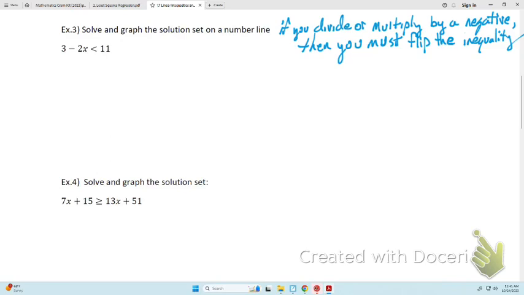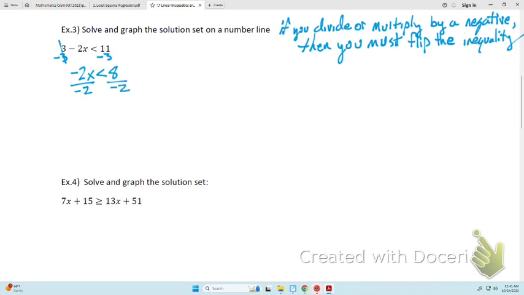So on number 3, we want to subtract 3 from both sides. And we get 8. Then we want to divide by -2.